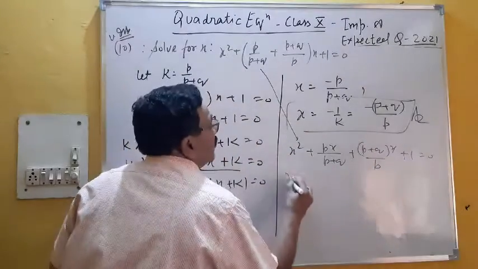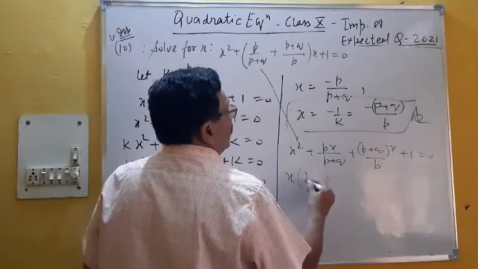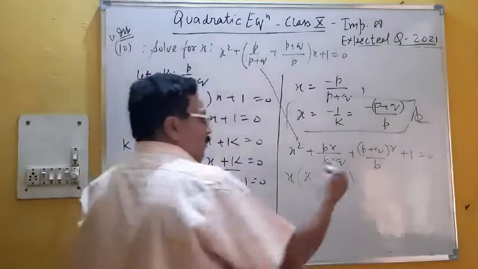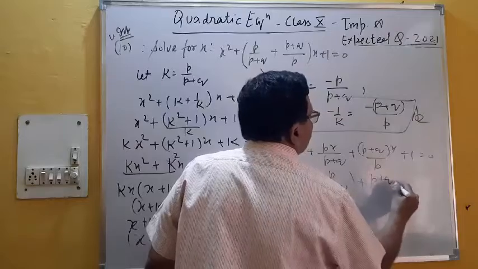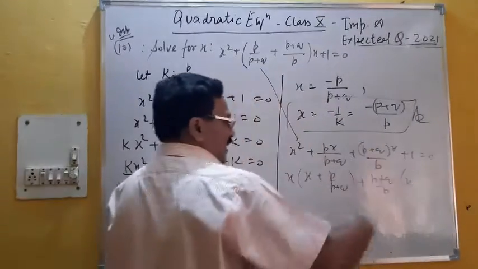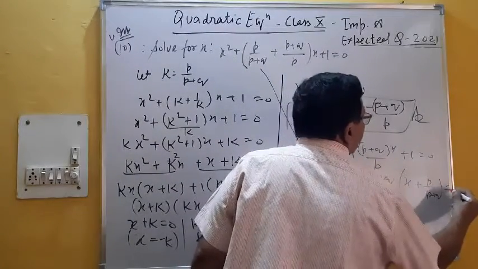Now I am taking here x common. So what will you get? x plus p plus q upon p. Now what I am taking common there? p plus q upon p. Here you will get x, and here you will get what? Plus p upon p plus q equal to 0.